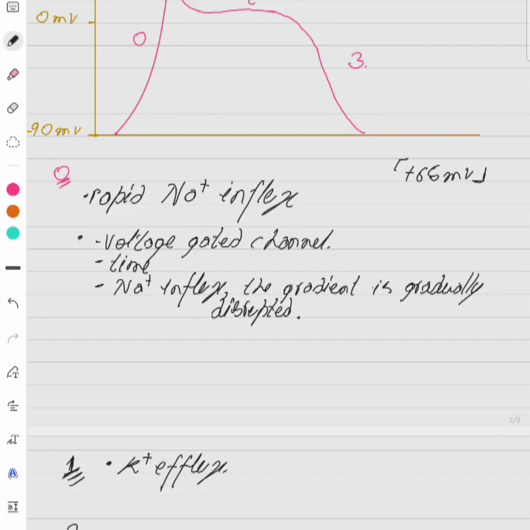Number two is due to potassium efflux and calcium influx. In this stage, slow calcium channels open, which results in gradual entry of calcium into the cell.